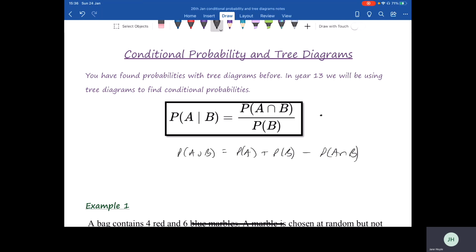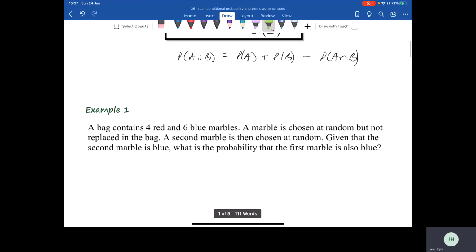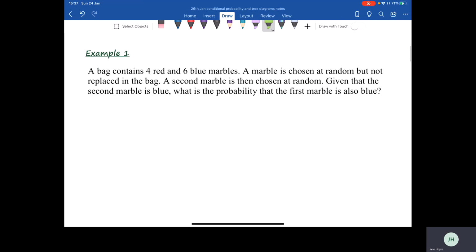So you don't need to worry about remembering any of these formulae. As I said at the top, we have already looked at this at GCSE and in Year 12, but we're going to be combining them with conditional probabilities. So just going straight in, there are two questions in particular that I'm going to show you, and then for the rest of this time you're going to be having a try of some yourself.